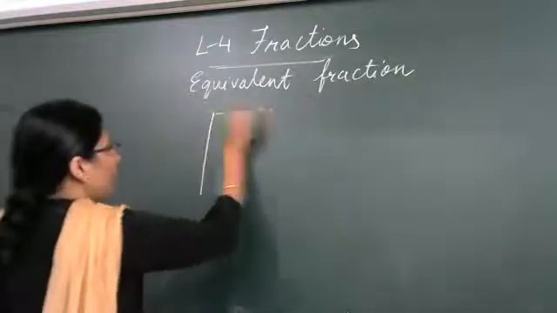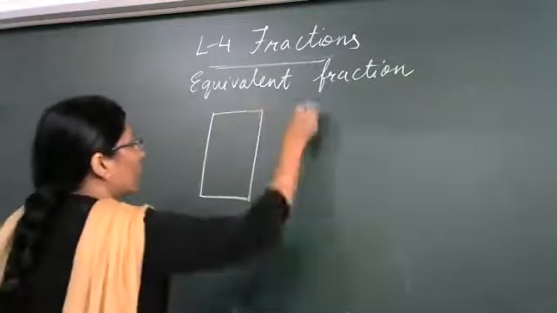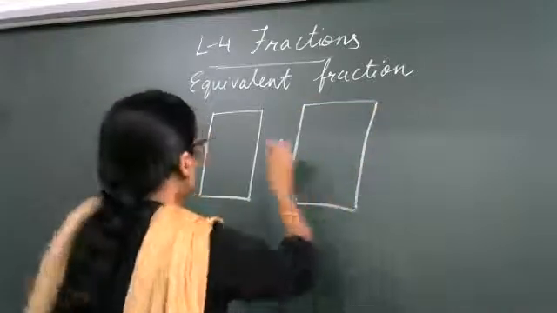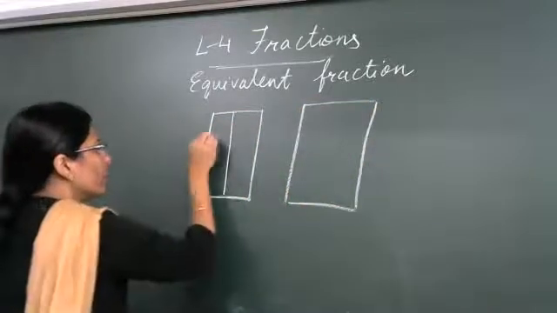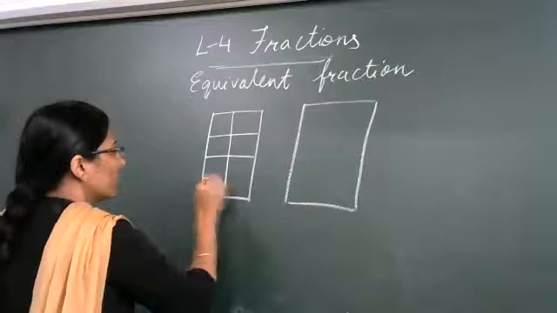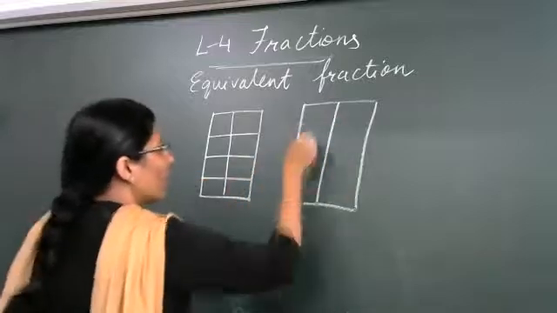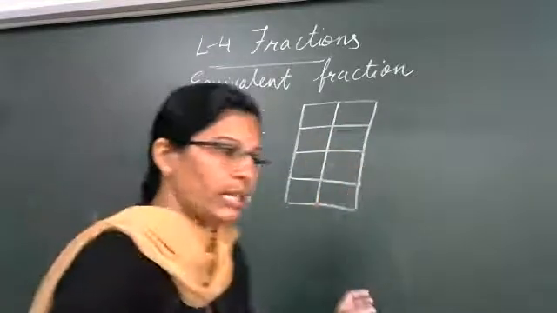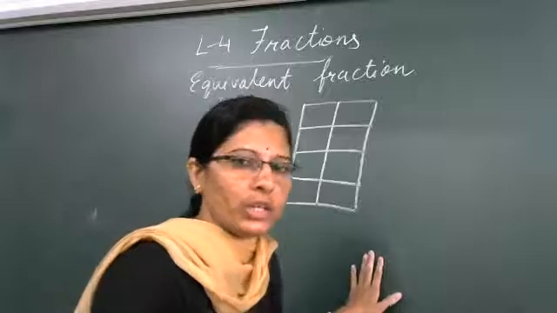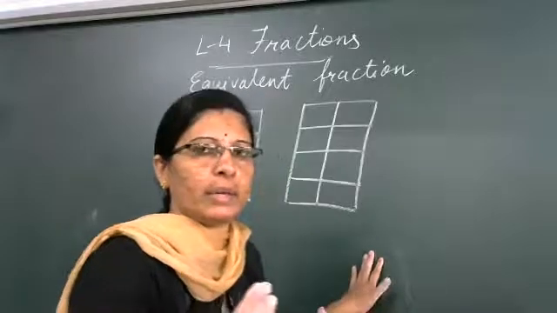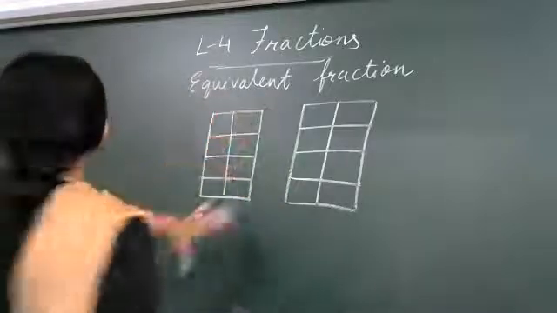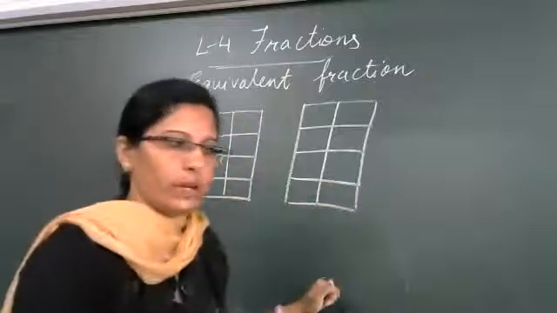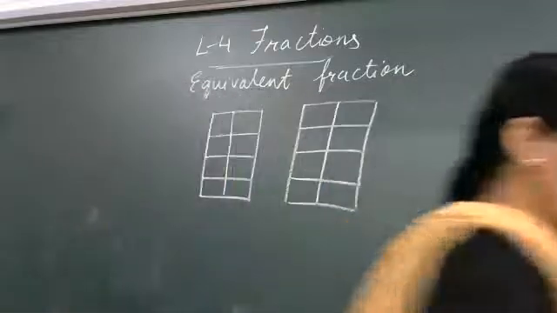So Cadbury will have parts like this. Yes, parts will be there. Cadbury, Dairy Milk, Milky Bar, like that. It will be in rectangular shape and your parts will be there. Okay.